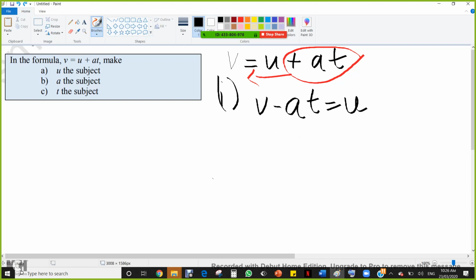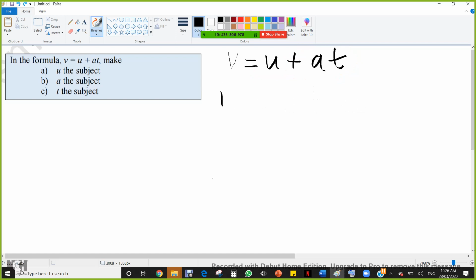Right. So we're given the formula that we have here on top, right? And we have to make U the subject of the formula. So we want U alone on one side of the equal sign. So this does not belong here because we only want U. So we take it and we fling it across, right? So that will mean that V remains.